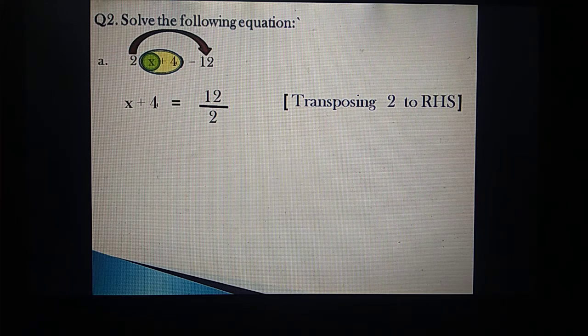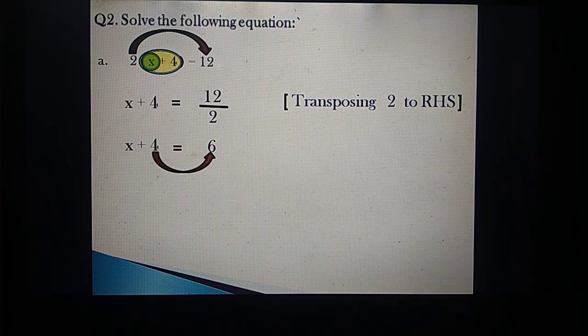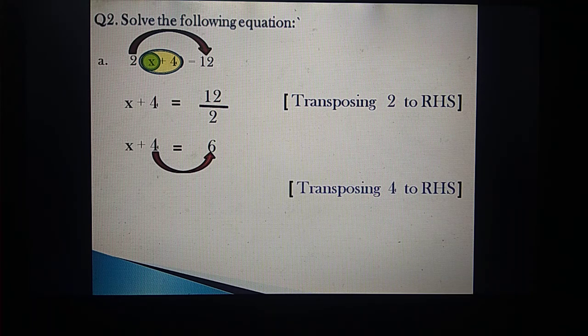Now solve the right hand side. x plus 4 equals, when you solve it, this will give you 6. Now as you can see, in the outermost circle it's plus 4. It means you are supposed to shift or transpose this 4 to the right hand side. Right now it's plus 4. After transposing it will become minus 4.